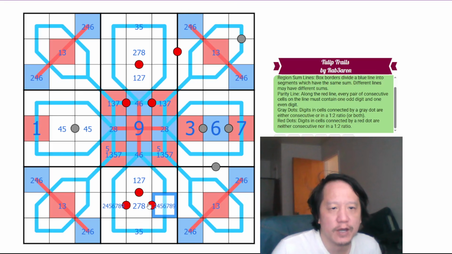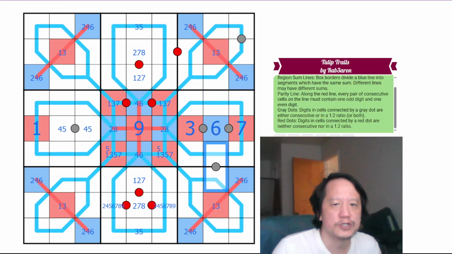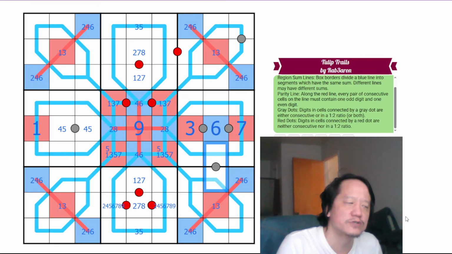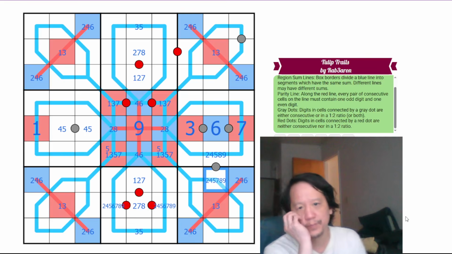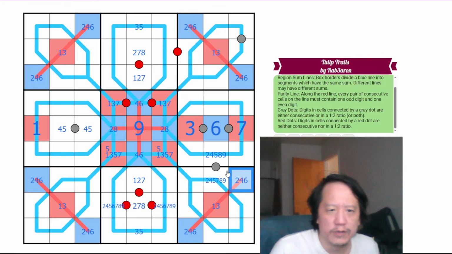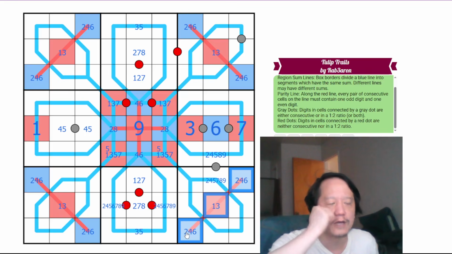What else do we have? These digits have some relationship, and they can't be 1, 3, or 6, so we have 2, 4, 5, 7, 8, and 9. No 7 here. We are also guaranteed in these boxes, it's either going to be 1, 2, 6 adding up to 9, or 1, 2, 3, 4 adding up to 9.